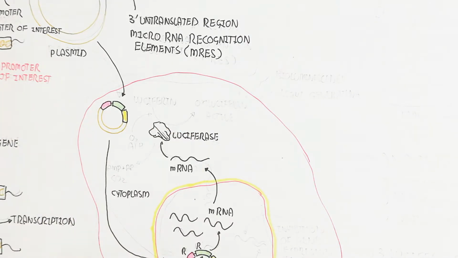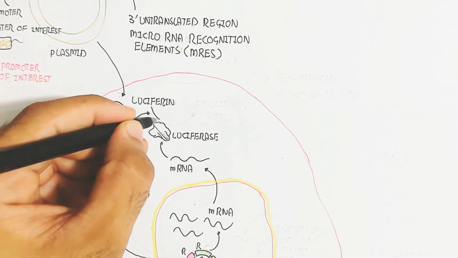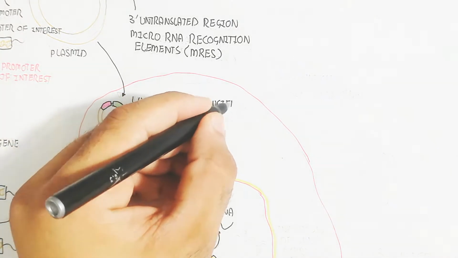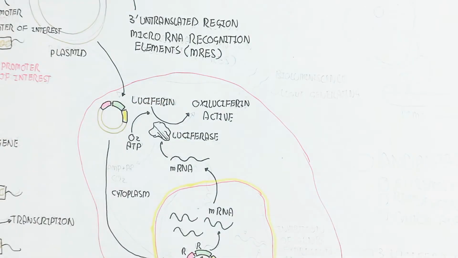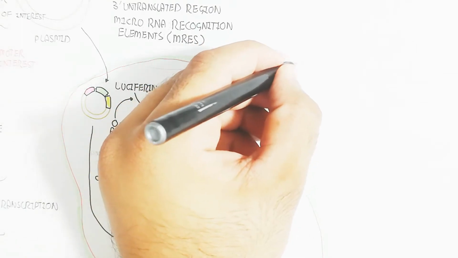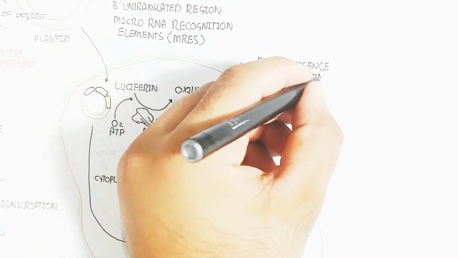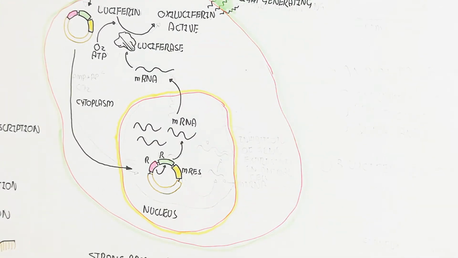Here you can see the luciferase enzyme, which will convert luciferin, which is found in the plant but not in the animal cell. The luciferin becomes active to produce the color, here green, in the bioluminescence light generating process.